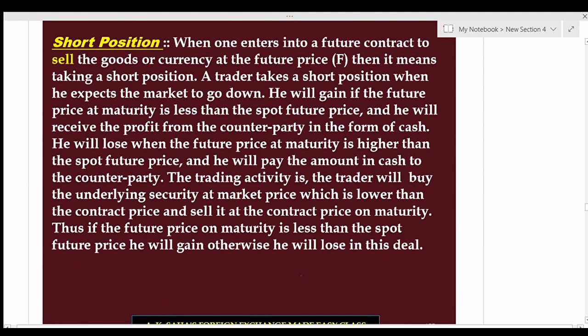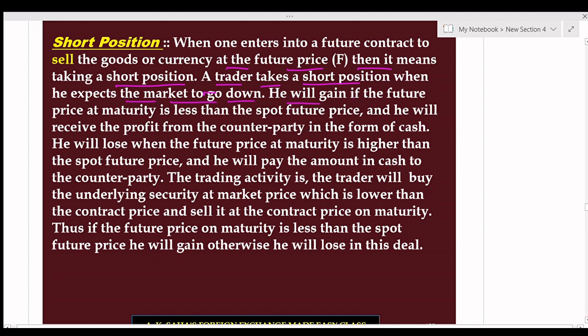Short position. When one enters into a futures contract to sell goods or currency at a future price, it means taking a short position. A trader takes a short position when he expects the market to go down.